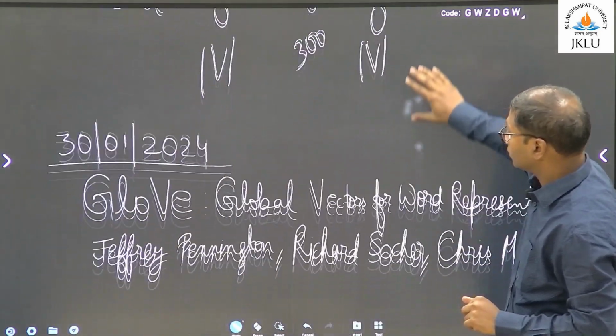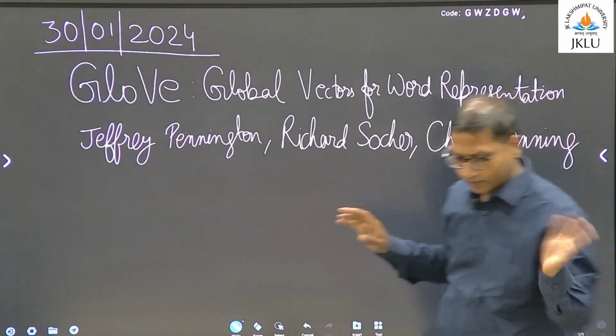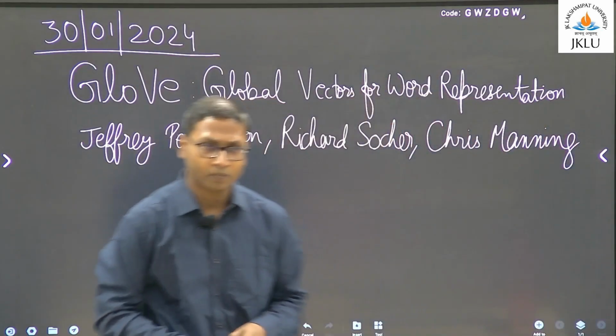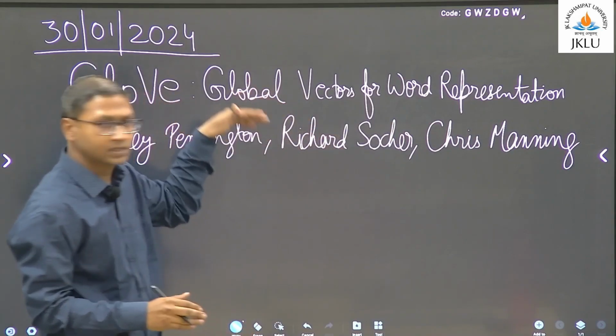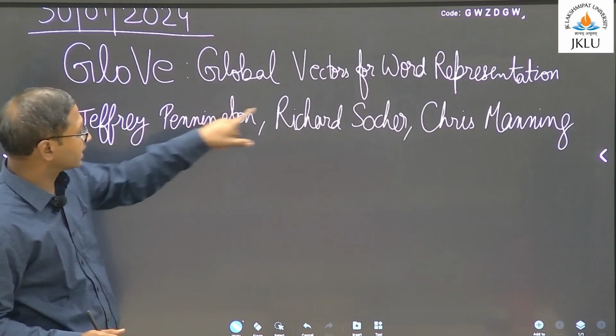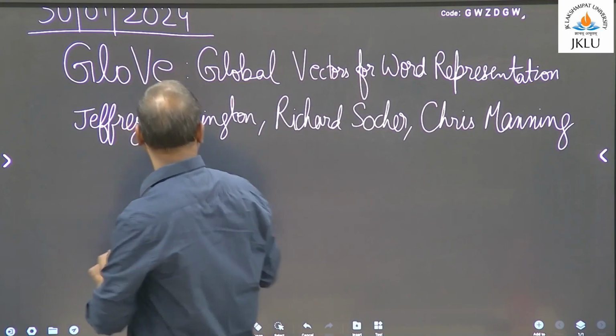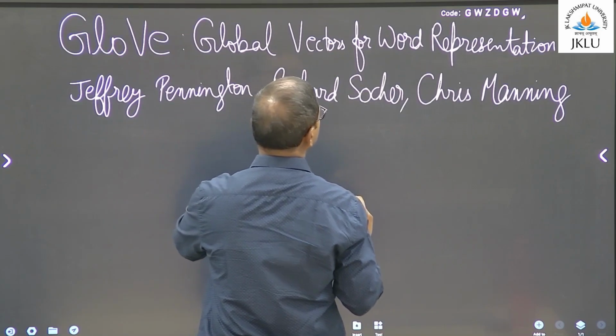So now we are going to talk about GloVe again. Of that same era, but a few months later than Word2Vec. Again, these are the authors and they are at Stanford. So what happens in GloVe?